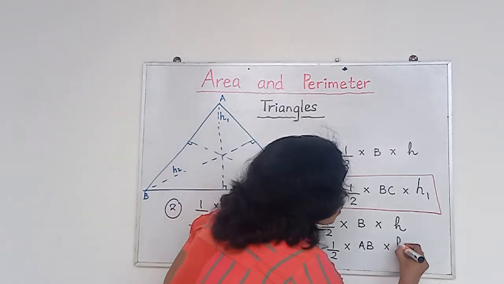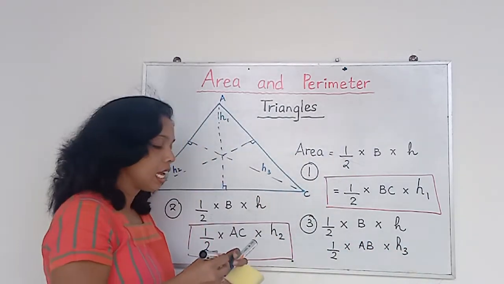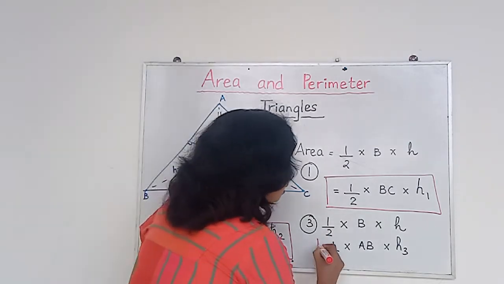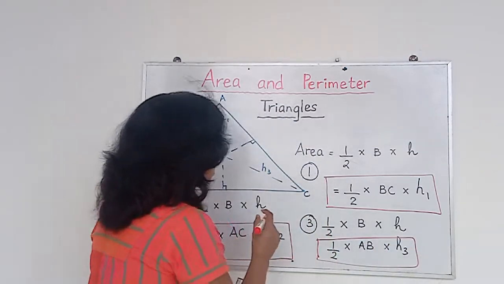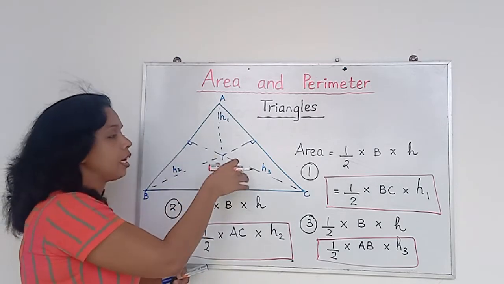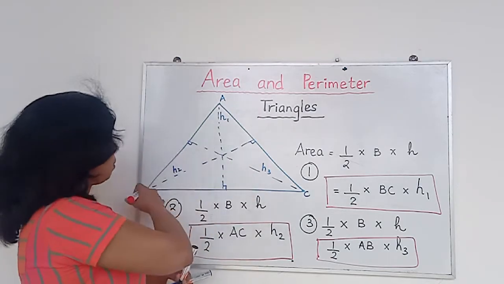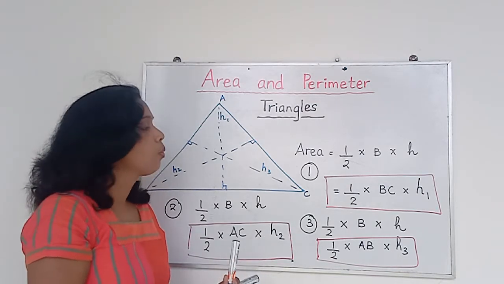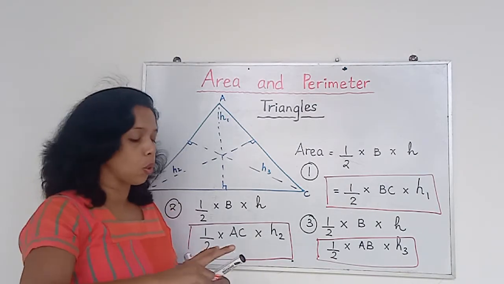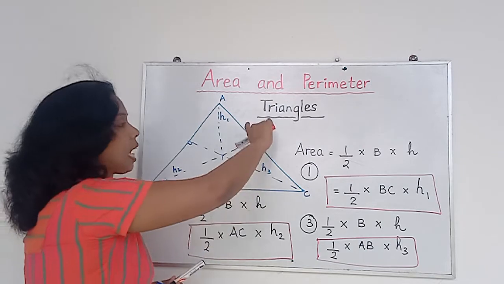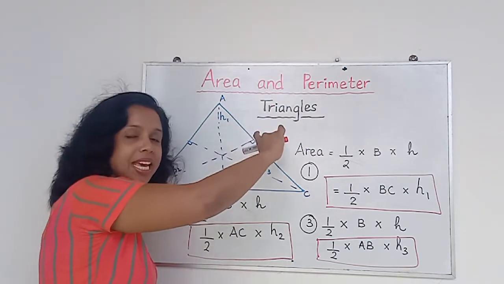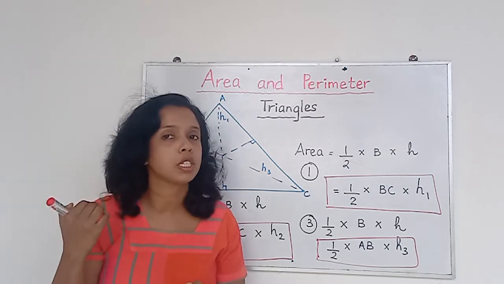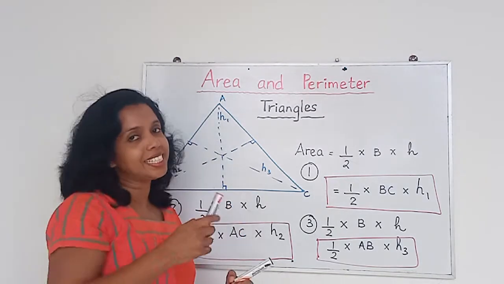It is H3. That is the third option you can have. But children, in the exam you won't have all these H1, H2, H3 and AB, BC, AC values. I gave you an example. Whatever side you select as the base, you should select the correct perpendicular height. That's what I wanted to highlight with this example.